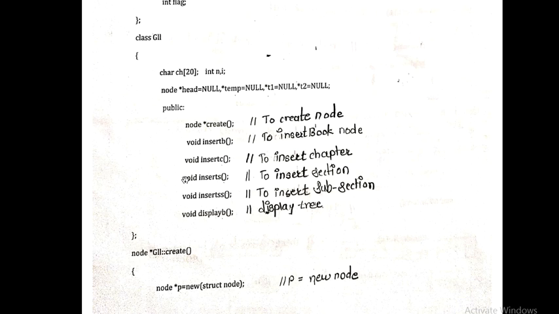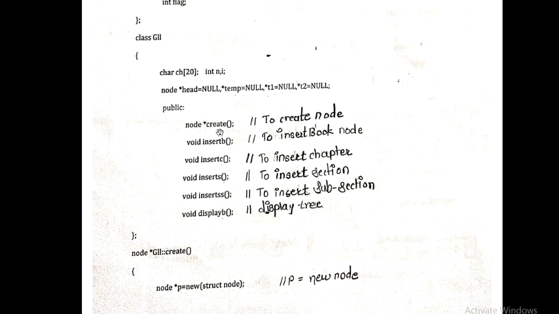Now I want to define the create function outside of that class. What I am saying is that I am writing the definition of the function outside the class. For that purpose we need to use the scope resolution operator with the name of the class.